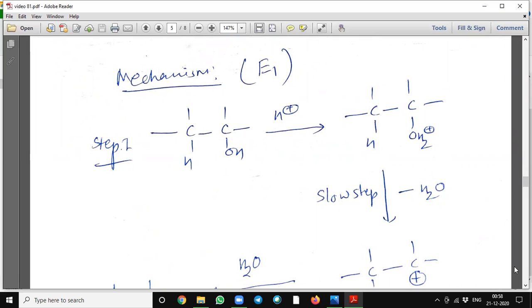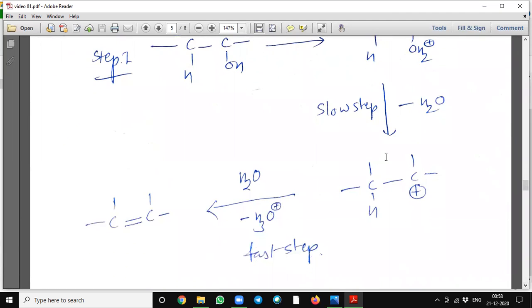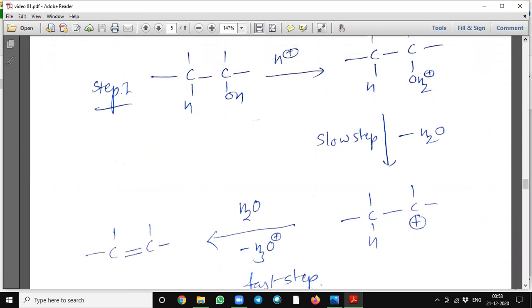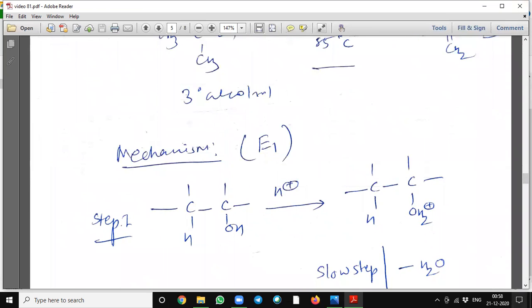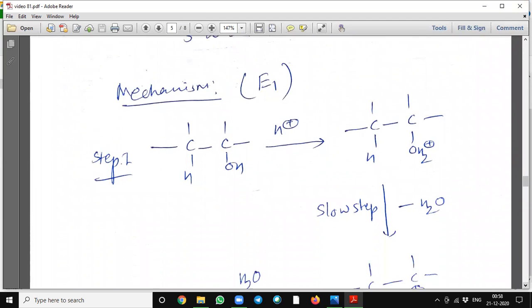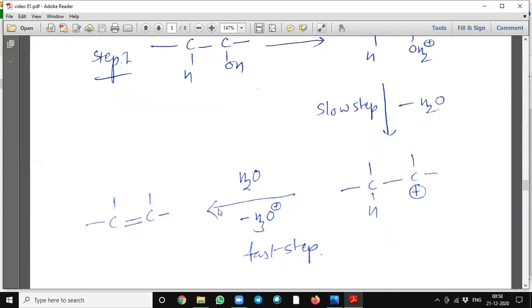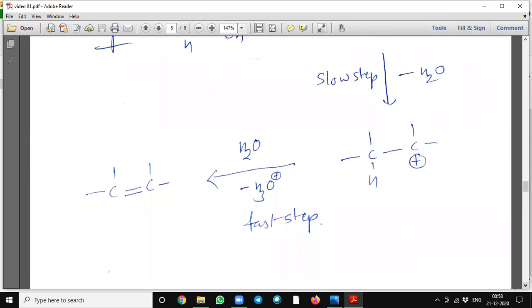So it is called the E1 reaction or E1 mechanism, an elimination reaction. And then a water molecule will abstract another proton of the molecule, and it is a fast step and it will give you alkene.